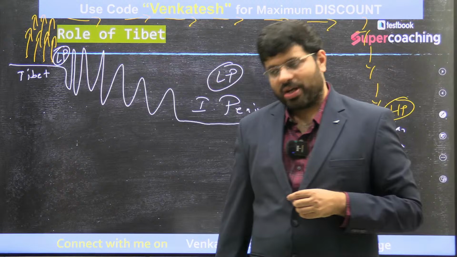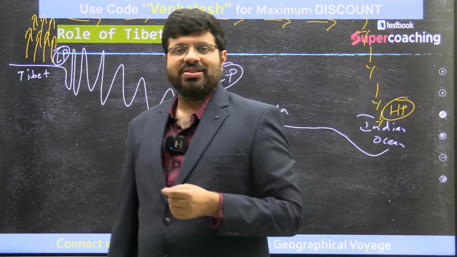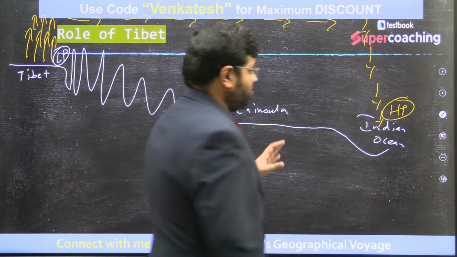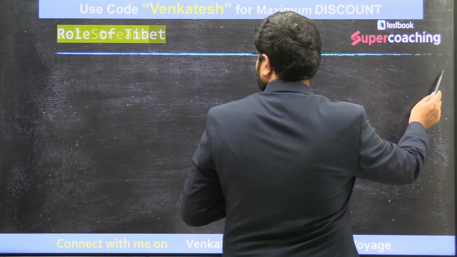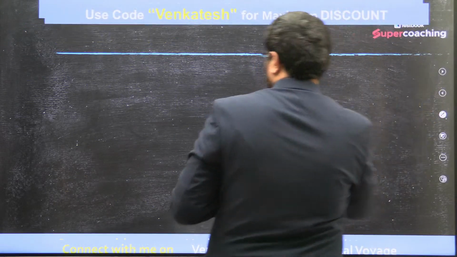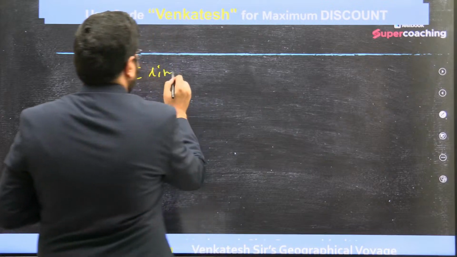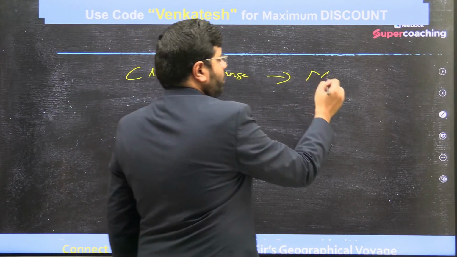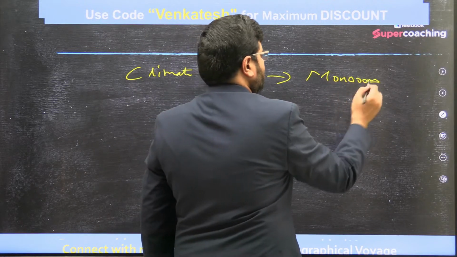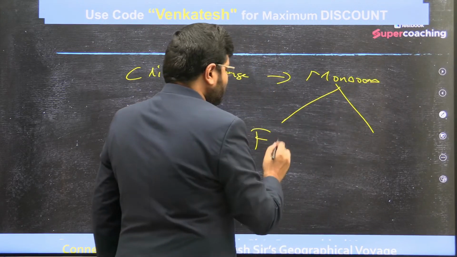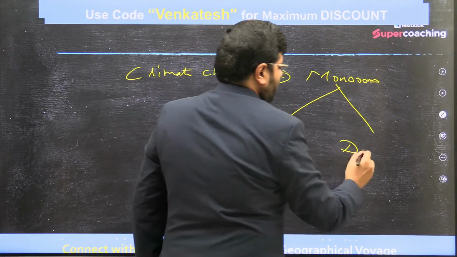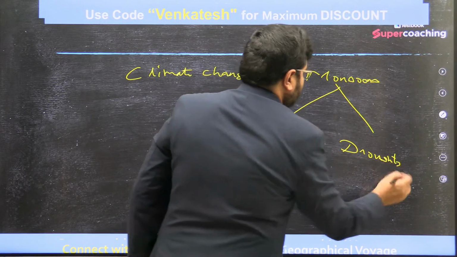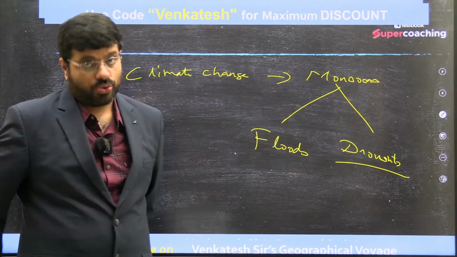Why I'm trying to explain all these things is very simple: climate change. Climate change with respect to monsoons can create two basic problems for us. Excessive monsoons, floods; lack of monsoon, droughts.